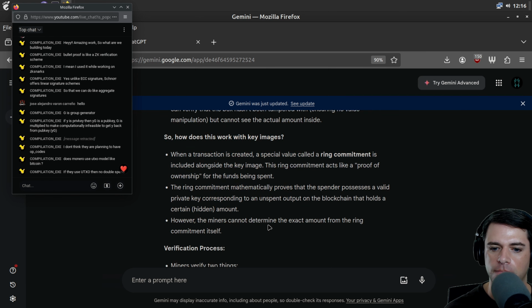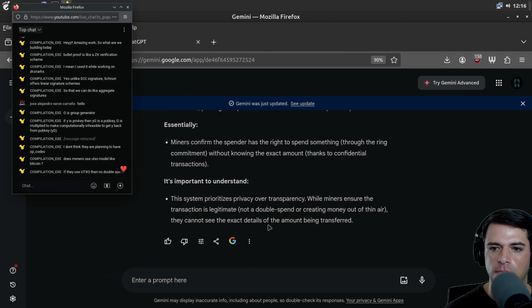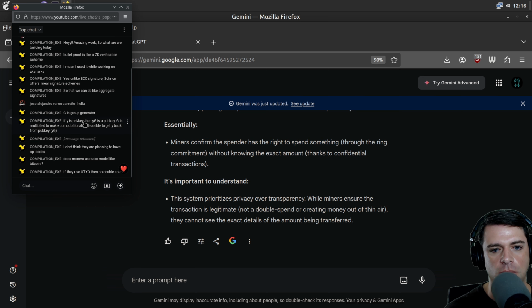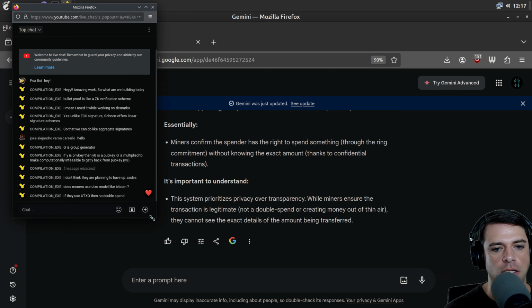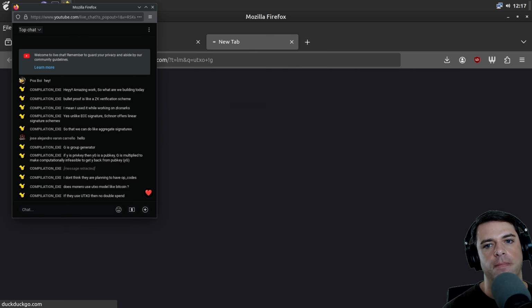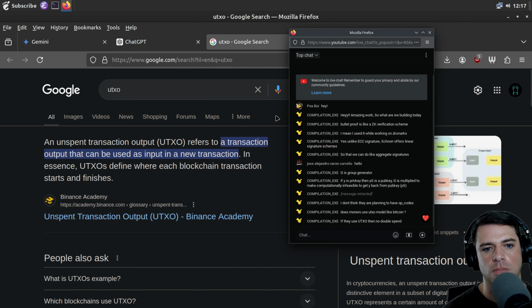Okay. Yeah, I don't know. Do they use a UTXO model like Bitcoin? I'm not sure. What is UTXO? Unspent transaction output.